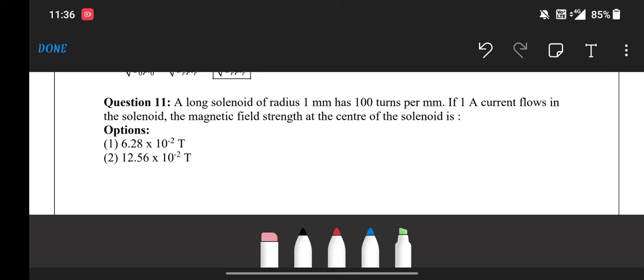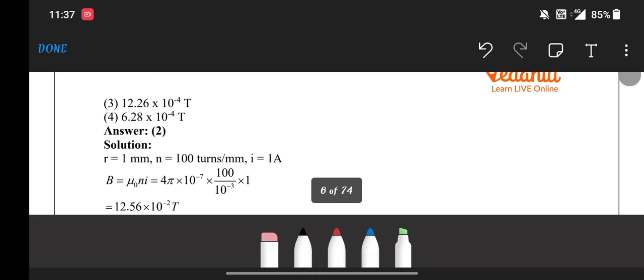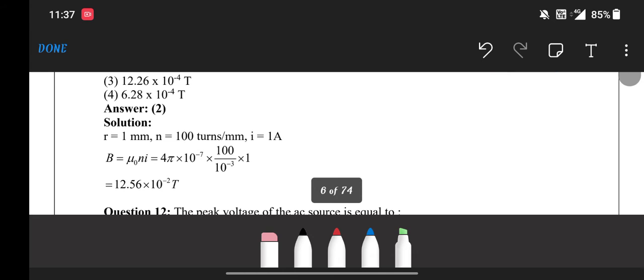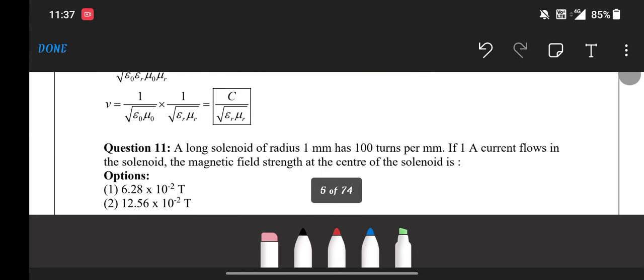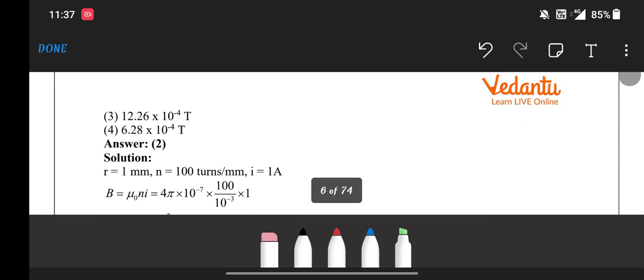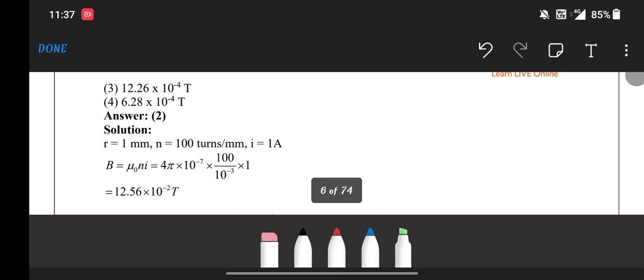The options given are 6.28 into 10 to the power minus 2 tesla, 12.56 into 10 to the power minus 2 tesla, 12.56 into 10 to the power minus 4 tesla, 6.28 into 10 to the power minus 4 tesla. They have given radius r equal to 1 millimeter, n equal to 100 turns per millimeter, and current I equal to 1 ampere.